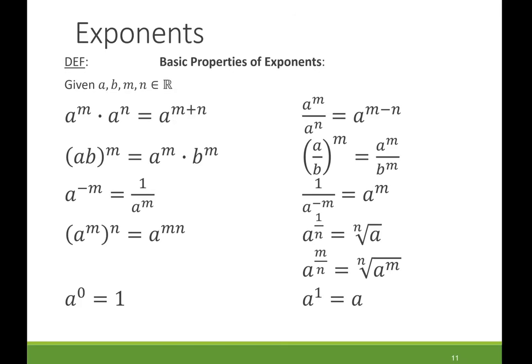If I have an exponent of a fraction, it applies to both the numerator and denominator of the fraction. The negative exponent makes a reciprocal. That exponent of an exponent, we multiply the exponents. A fractional exponent is the same as a radical. And the 0 exponent is equal to 1, unless the base is 0. Right?